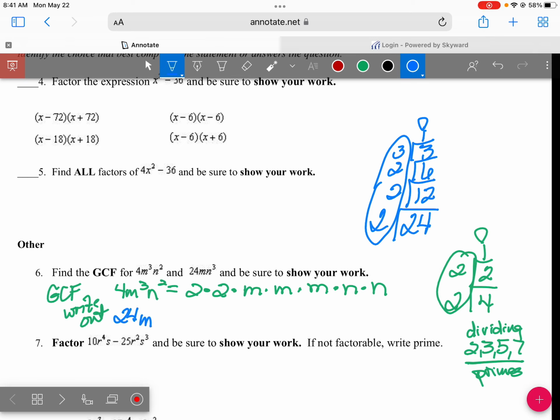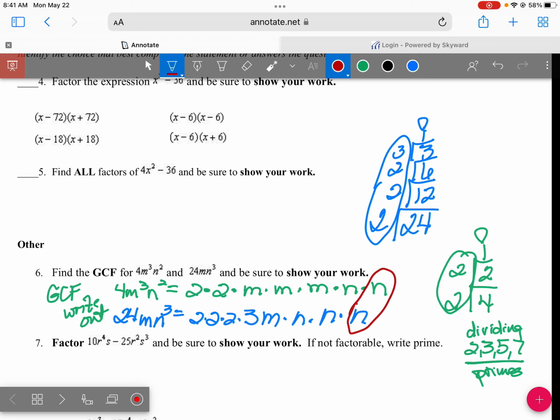24 m n to the third, which is 2 times 2 times 2 times 3, times m, times n to the third, which is n times n times n. Now, I need to circle what is common.